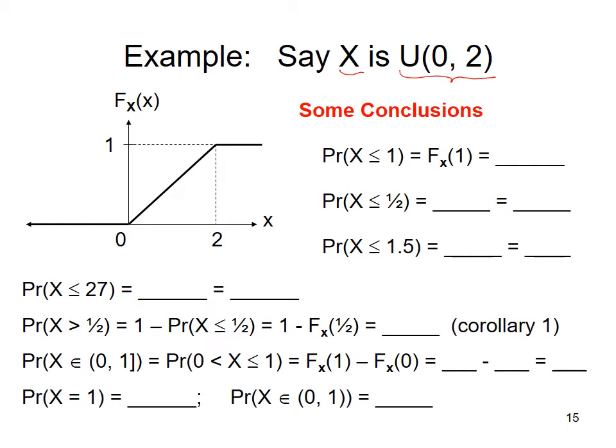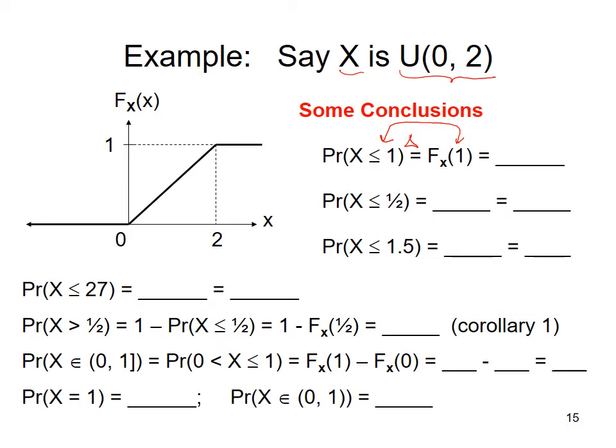So the first question says, what's the probability x less than or equal to 1? Fortunately, that's exactly the definition of capital Fx of 1, right? Whatever the number is that's the argument of the function, we're finding the probability x less than or equal to that number.